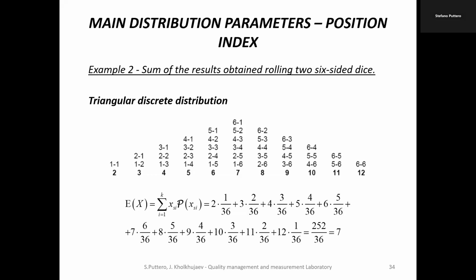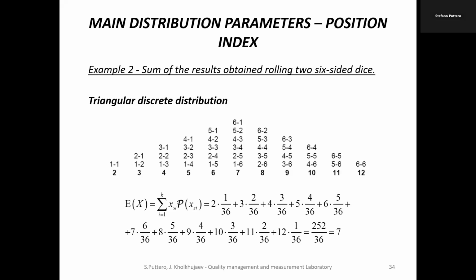Since we have 4 possible combinations to obtain a sum equal to 9, that are 6 for the first die and 3 for the second die, 5 for the first die and 4 for the second die, 4 for the first die and 5 for the second die, or 3 for the first die and 6 for the second die, we have 4 possible combinations over 36 total combinations, so the probability to obtain 9 is 4 over 36.